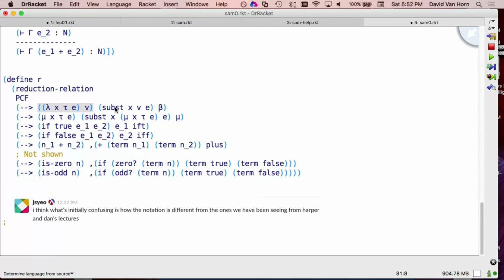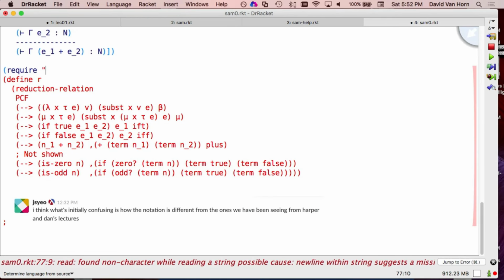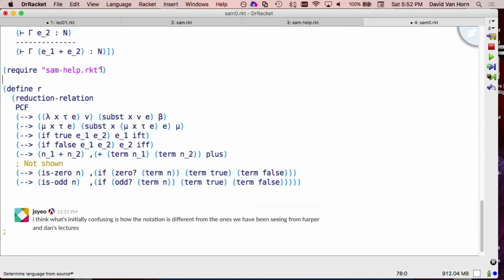Okay. Now, subst is currently not defined, and I'm not going to bother spelling it out. I'm just going to import my definition that I already have for it. Okay.